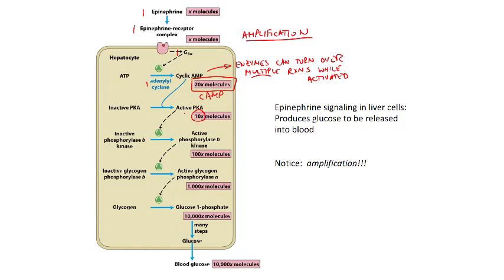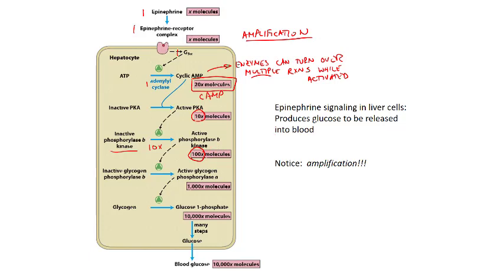But nonetheless, protein kinase A will activate this other enzyme, phosphorylase kinase. Each of those 10 can activate roughly, on average, 10 molecules of phosphorylase kinase. So now from our one molecule of epinephrine, we have 100 active phosphorylase kinase molecules.